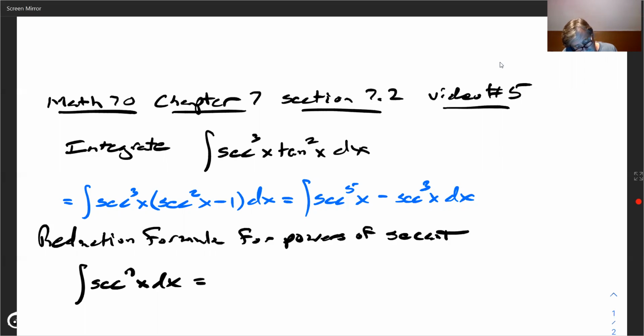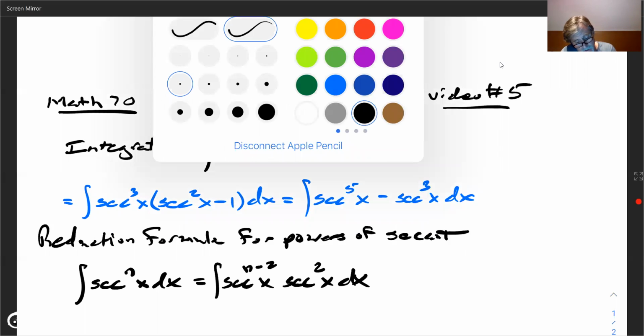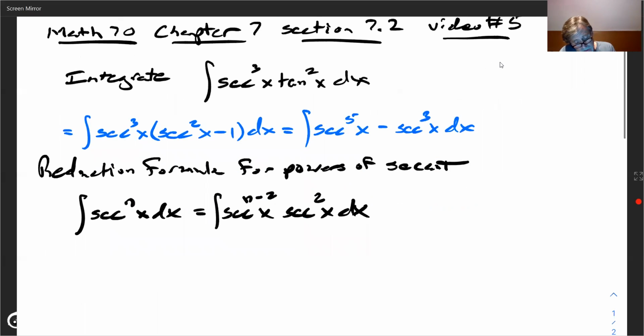So what you do is you peel off, again, secant squared x dx like this. And if you do that over here, your power reduces from n down to n minus 2. Okay, and we'll jump in here now, and this guy right there, I'm going to do it by parts.